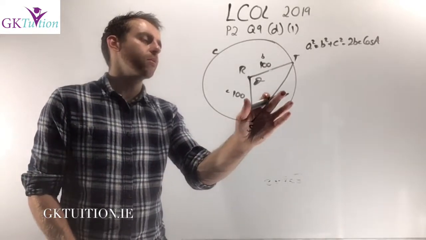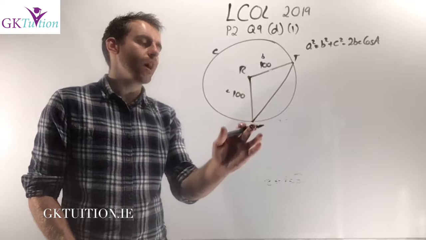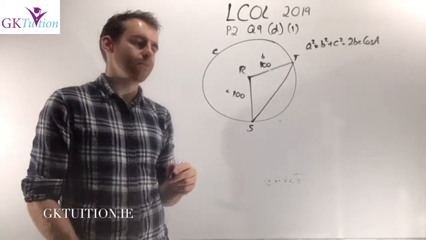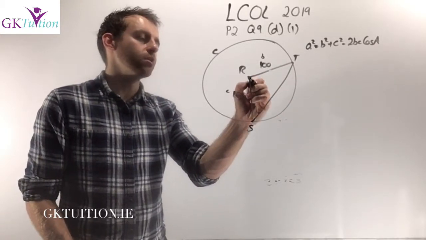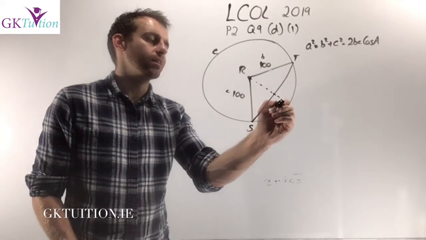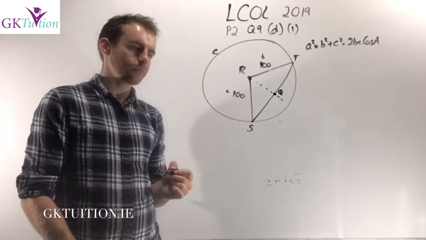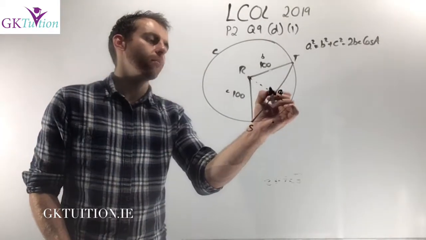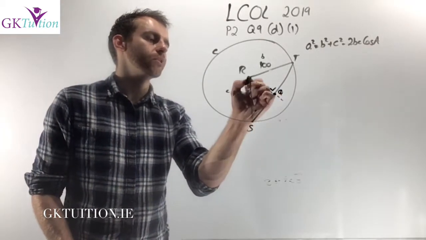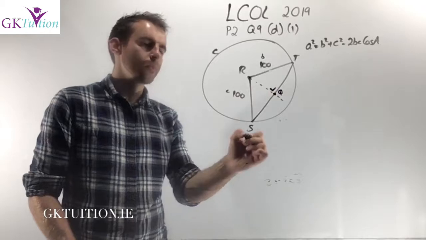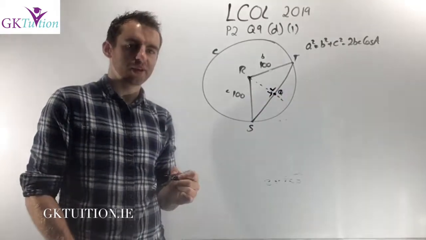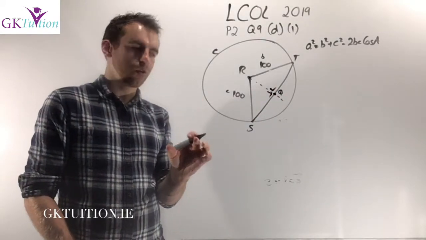But I want you to look back at what we've done previously, because we actually know the distance ST. On the original diagram, they've drawn in this line, and they've marked this point here as Q. You should know from your geometry that if you draw a line from the center of a circle to a chord, if it's perpendicular to it, then that means it bisects the chord.